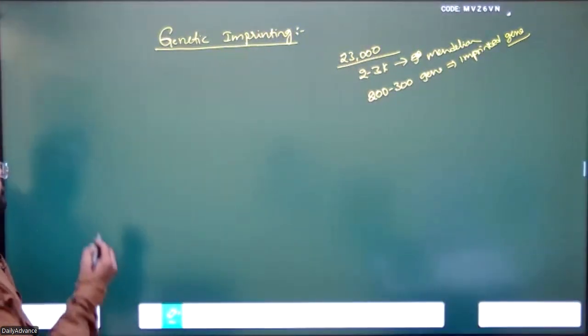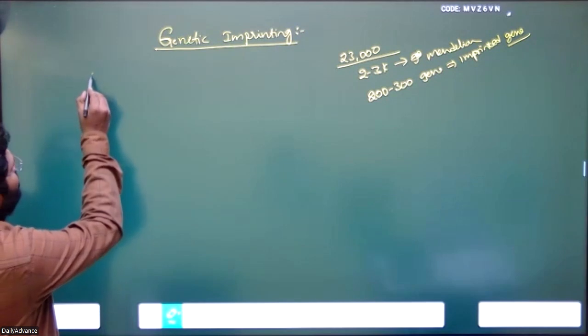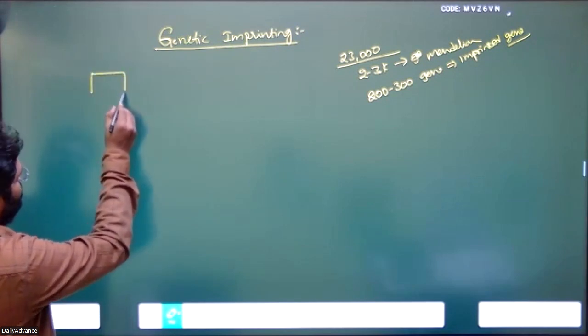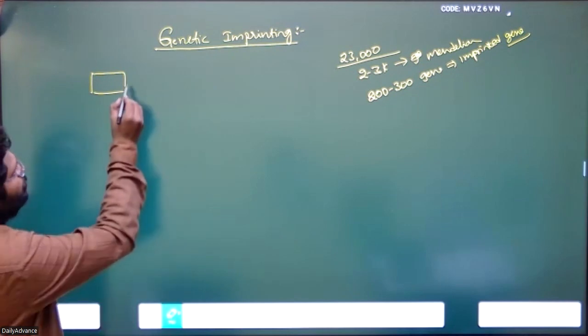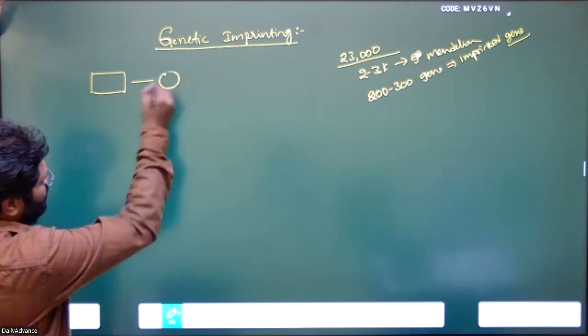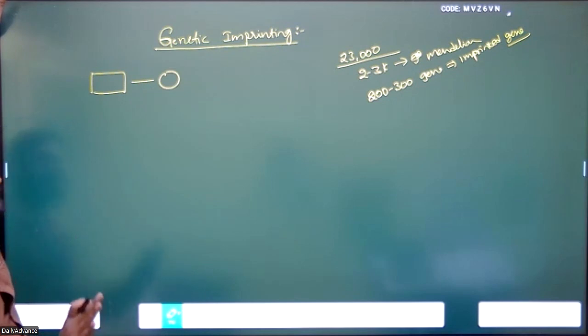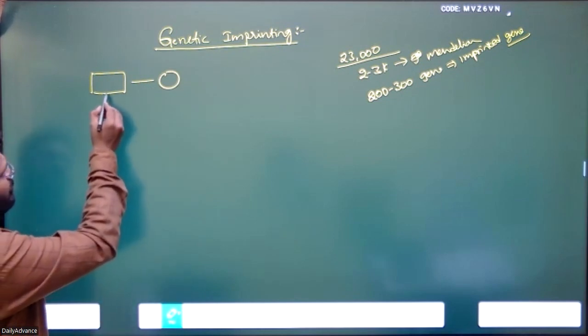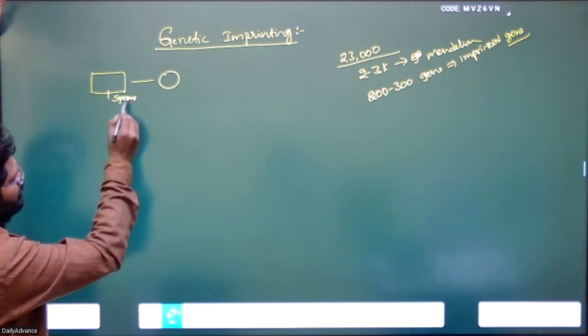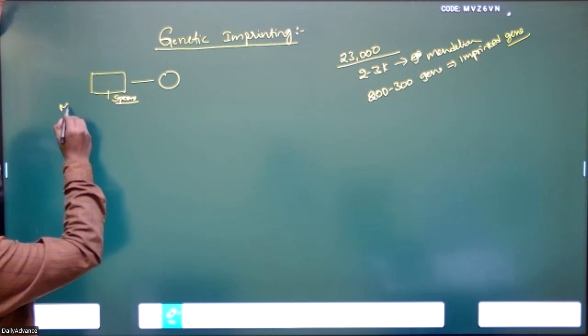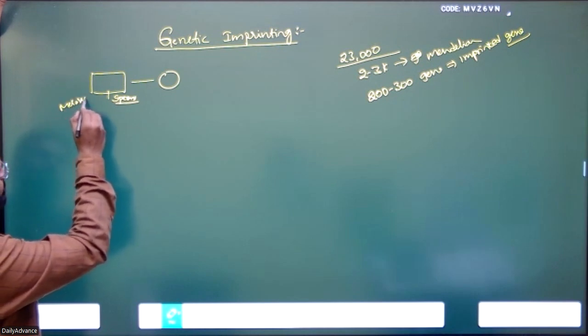Suppose this is the father, a male person. He got married to a female, and they took part in reproductive activity. During that time, the father's sperms are produced. Sperm production is meiosis.